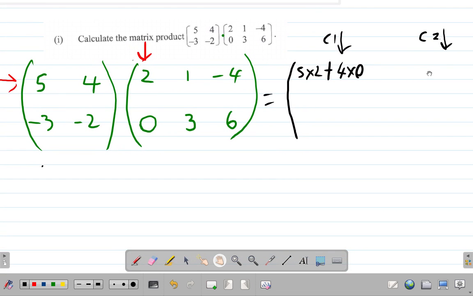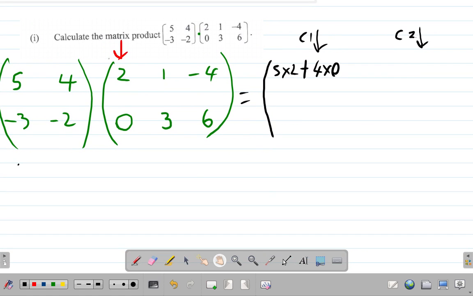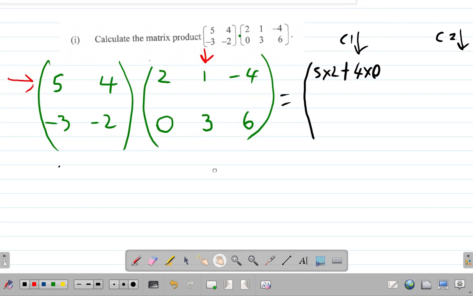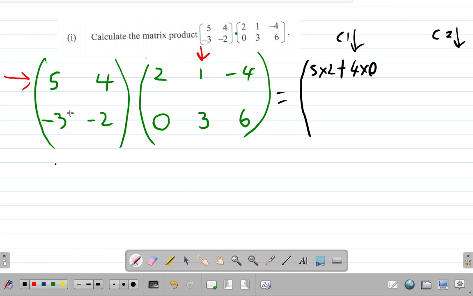Now whatever you write in this region will come from row 1 and column 2. So you multiply row 1 by column 2. So now we multiply row 1 by this column. Now, first element in row 1 times first element in column 1.